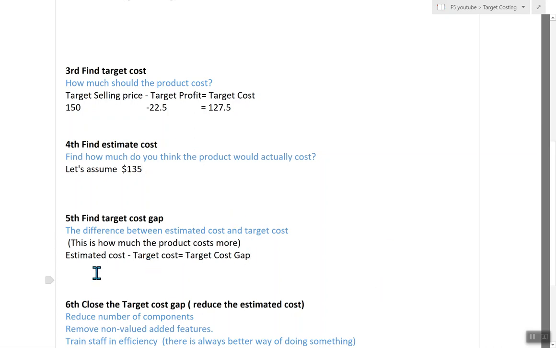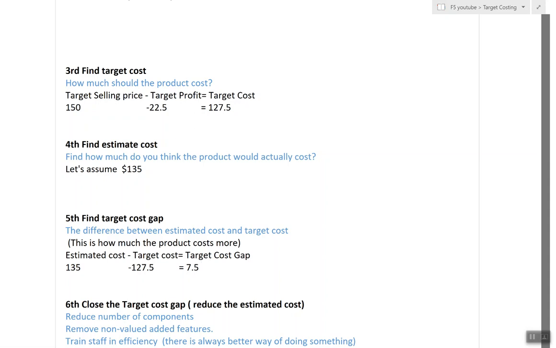In our example here, the estimated cost is 135, target cost is 127.5. So we have a 7.5 target cost gap, which simply means the product costs us $7.5 more than it should.